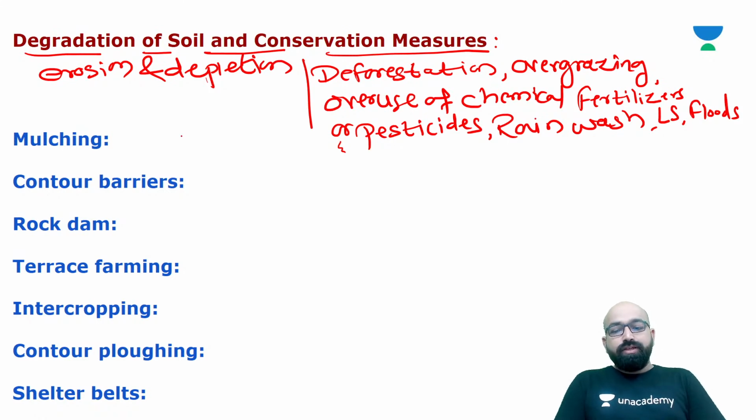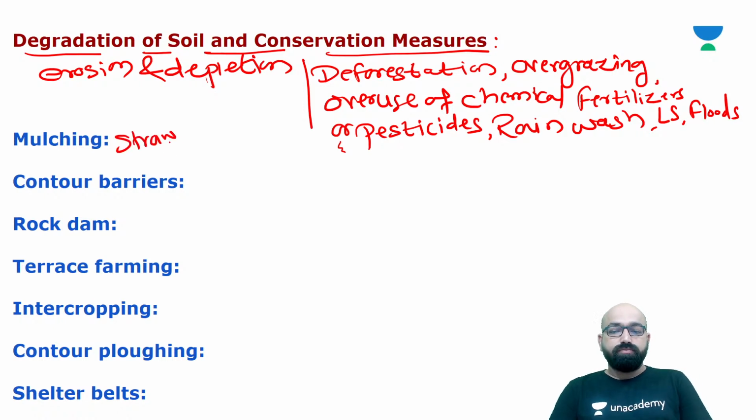It helps to retain soil moisture. So mulching is when the bare ground between plants is covered with a layer of organic matter like straw, and it helps to retain soil moisture.